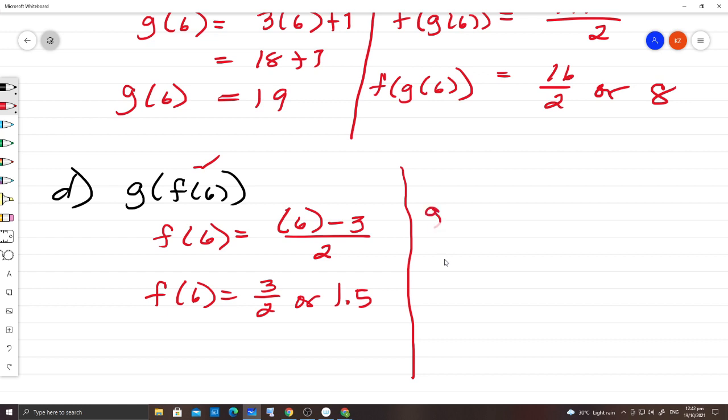So g composed of f of 6. 3x plus 1, so we have 3 times 1.5. How much is 3 times 1.5? Anyone can answer?